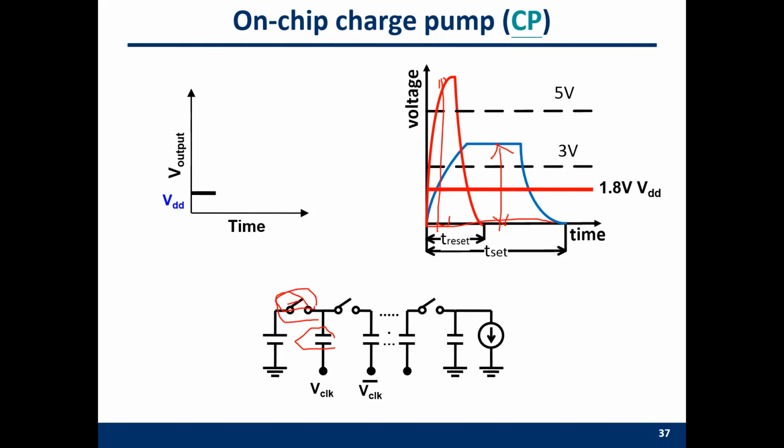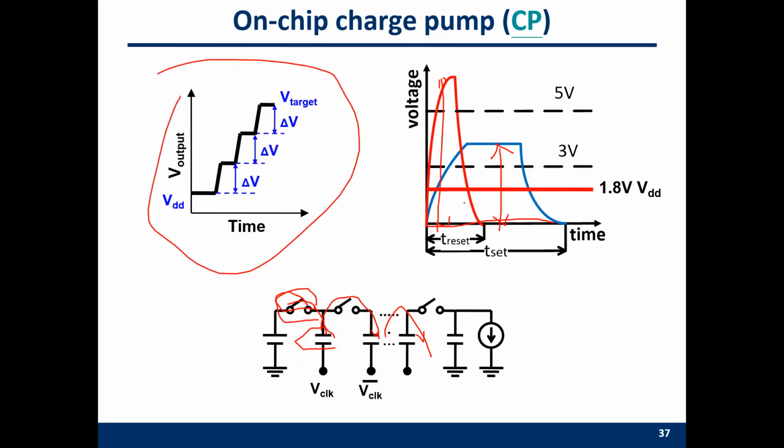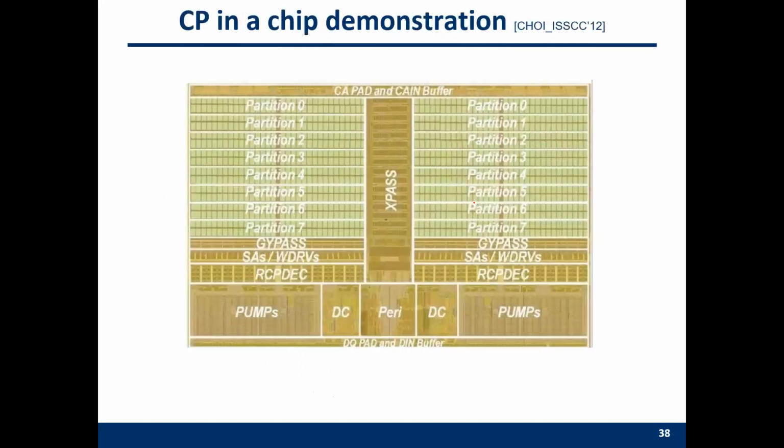You accumulate some charges here and then send the charges to the next stage, stage by stage. Eventually, you will have a higher voltage. This is what happened in this figure. So you can see that the pump is actually very significant in each PCM chip.